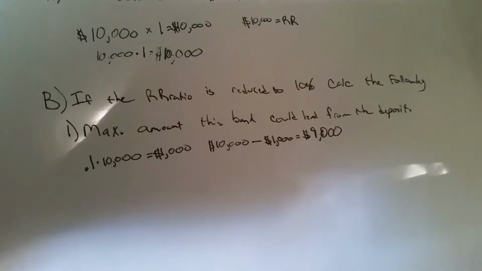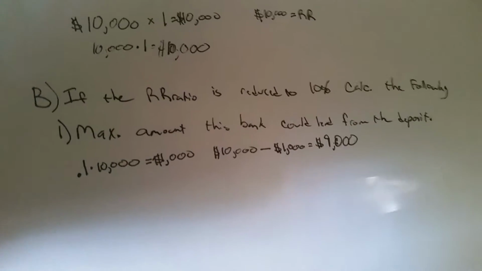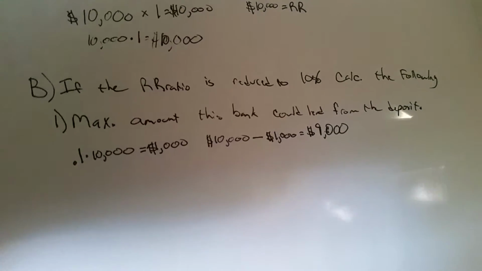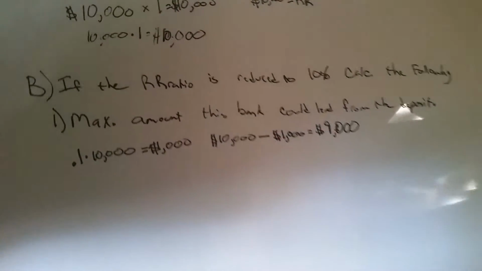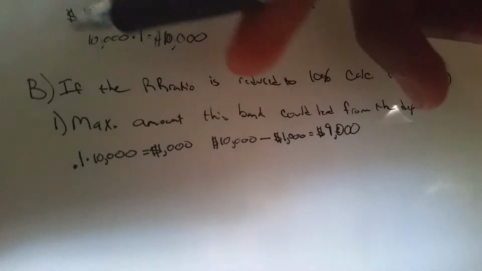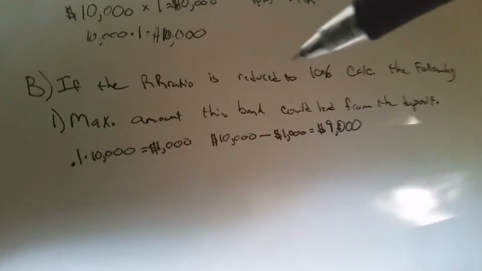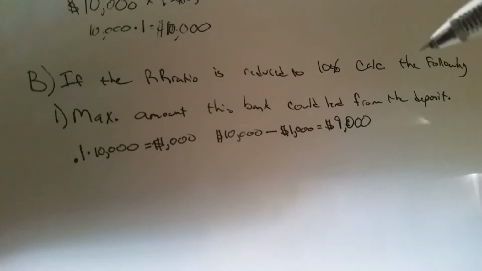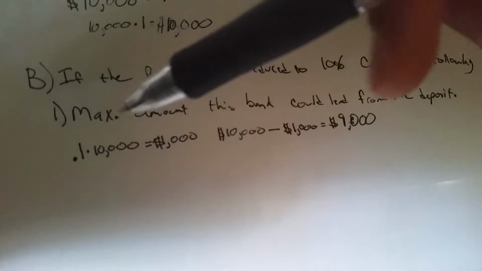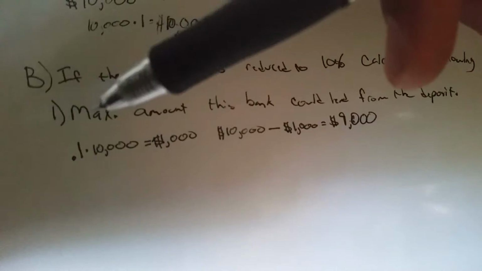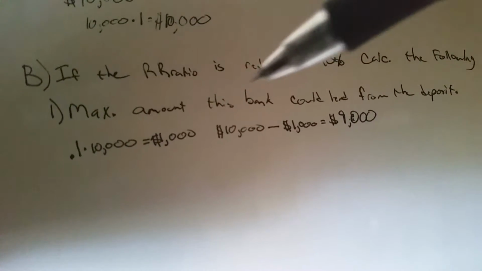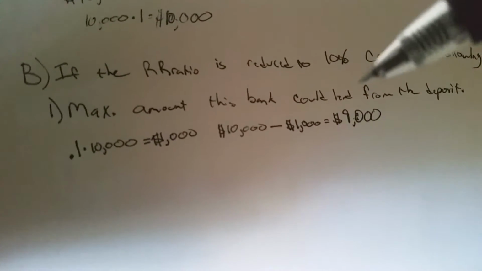All right, next, let's get into a more realistic problem. There are 2 parts to this problem. If the reserve requirement ratio is reduced to 10%, calculate the following. The first part asks what would be the max amount this bank could lend from this deposit.